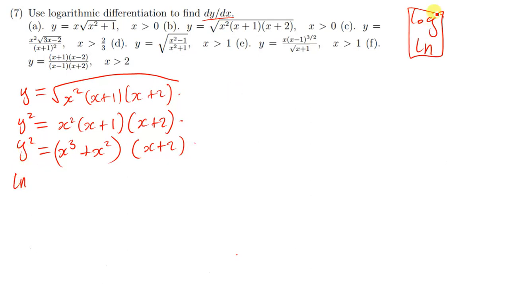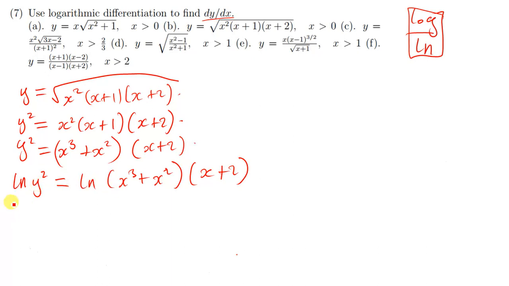So if you want to use log, you can introduce log. I'll introduce ln this side, which will be y squared. Then this will be equal to, I'll also introduce ln this side, so I have x to the power 3 plus x squared, then x plus 2.